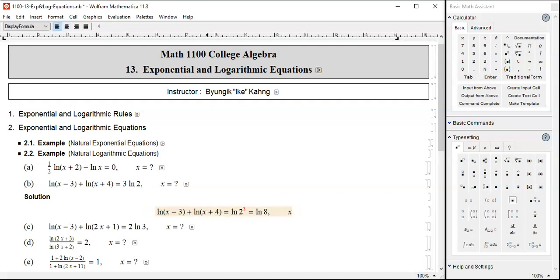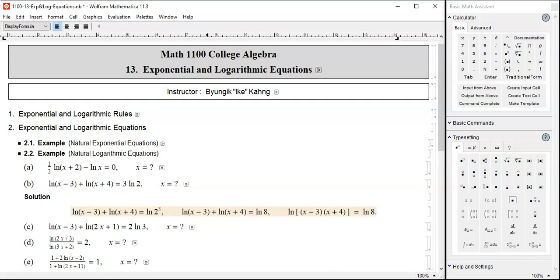Let me just take one more extra step. And then, combining these two logarithms, log of (x minus 3) times (x plus 4) equals log of 8.